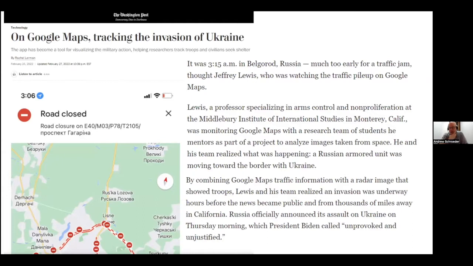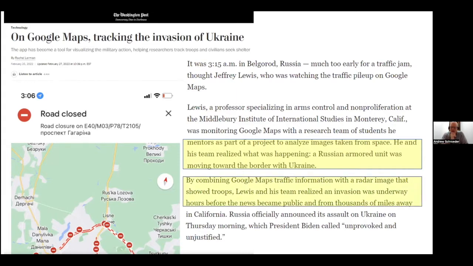Probably the most famous case happened right at the beginning, when researchers, in this case a professor from Middlebury Institute of International Studies, profiled in the Washington Post, began looking at Google Maps and seeing traffic jams through the telemetry data, and seeing Russian armor columns. And he was then identifying invasion patterns in advance through the telemetry data on Google Maps.